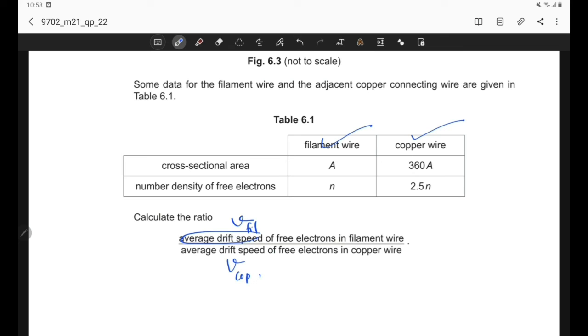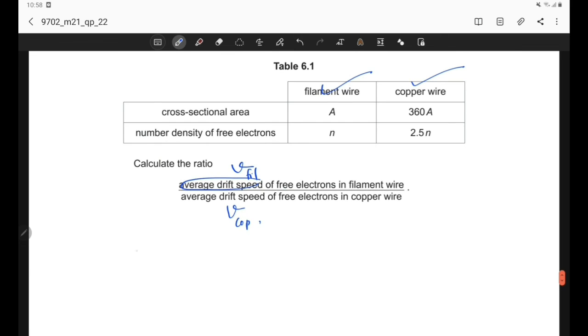So here, in order to find the ratio of average drift speed, we can use the equation which consists of drift speed, and that is current I is equal to number density times area of cross section times drift velocity times the charge of electron. But here we have two different wires. One is filament wire and the second one is copper wire.